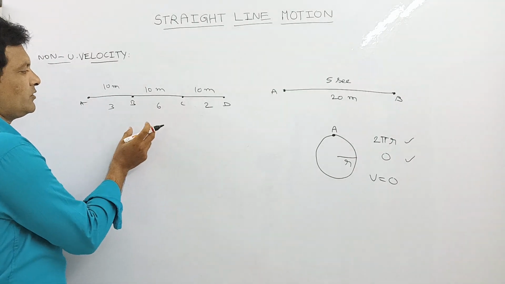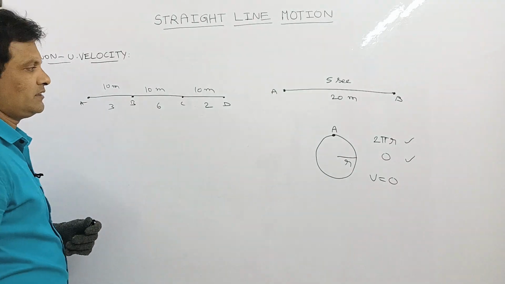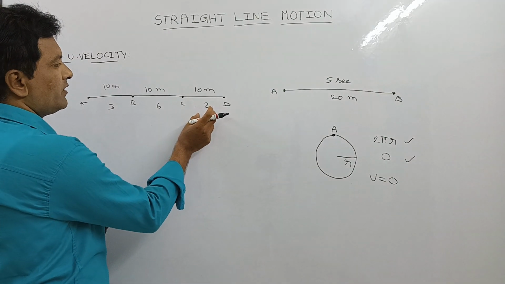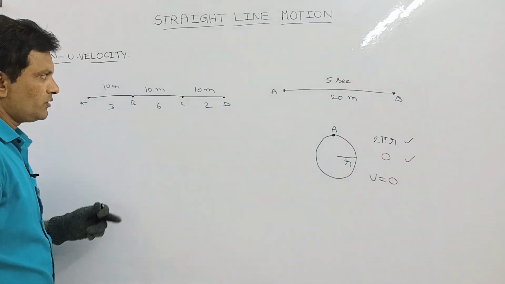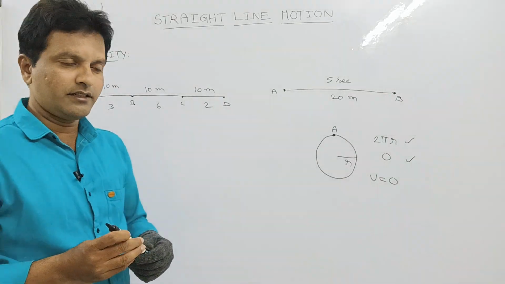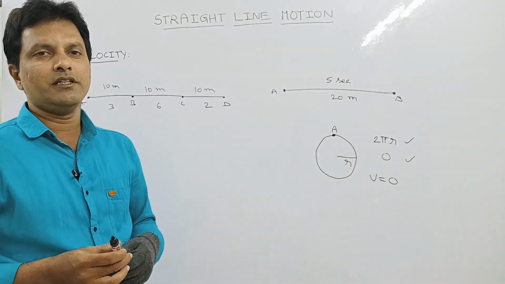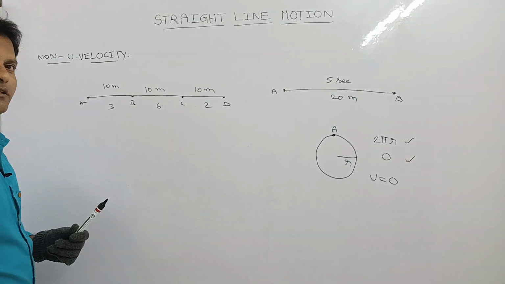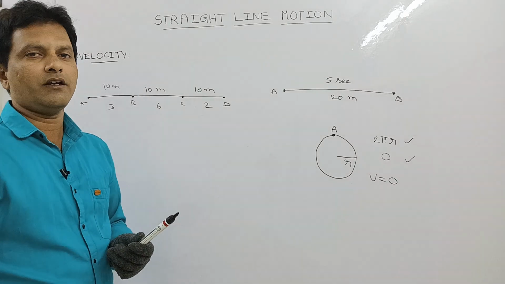The next 10 meters took 6 seconds. And the third 10 meters the object traveled for 2 seconds. So equal distances are covered in unequal intervals of time. Then the object is said to be moving with non-uniform velocity.